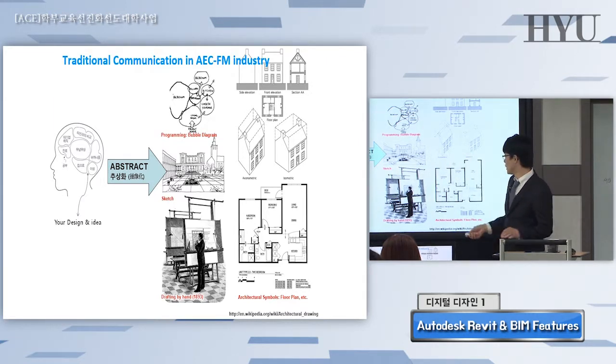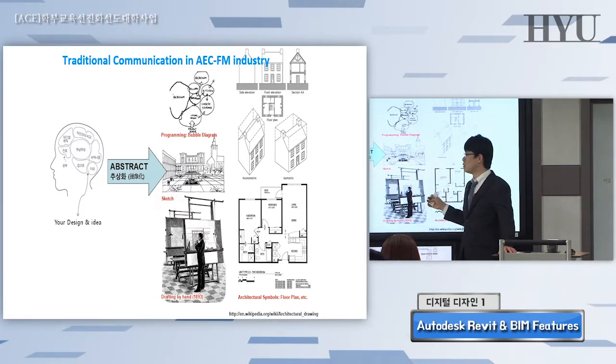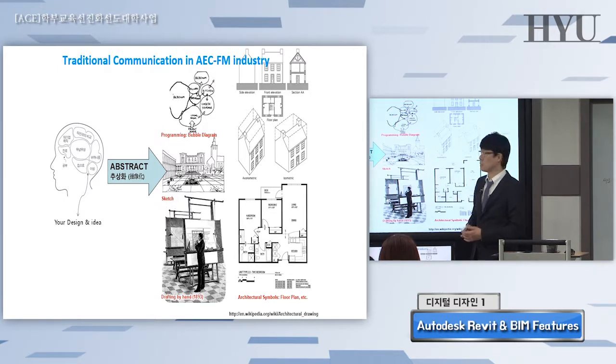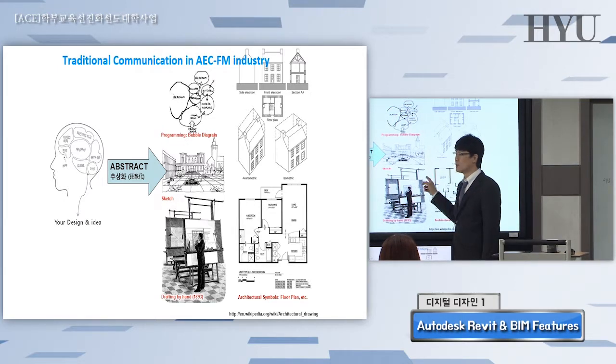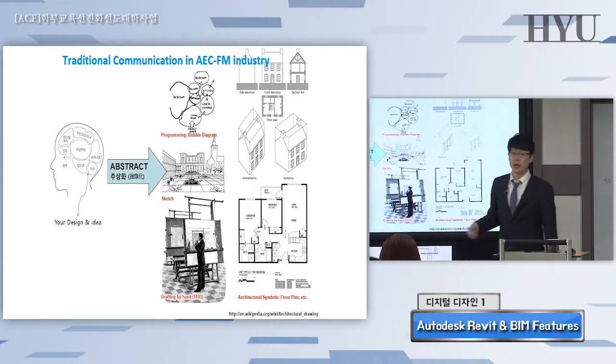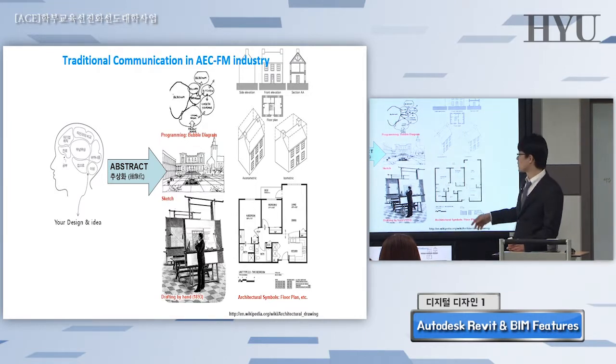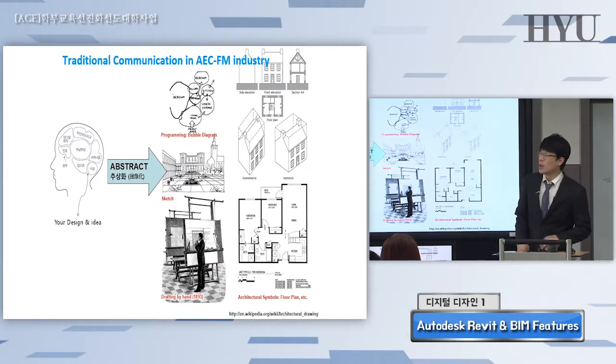A series of symbols to visualize your design, okay? Even in 1993, there were a lot of design companies, architects, and designers working with this kind of symbolic shapes, by hand drawing or technical drawings for making these plans. So this is the traditional communication technology in the AEC/FM industry.